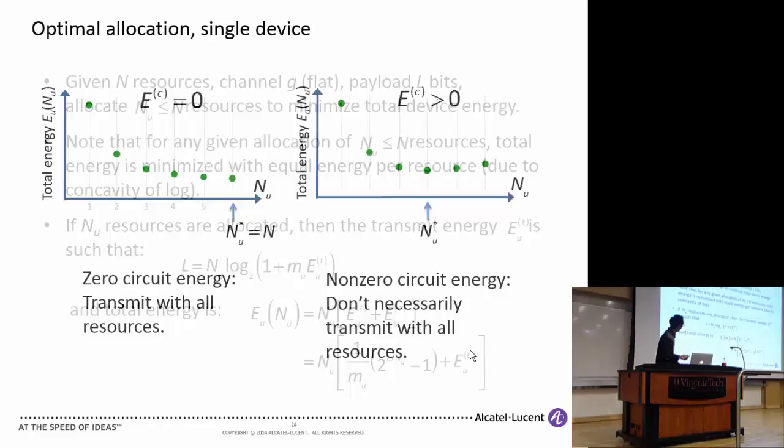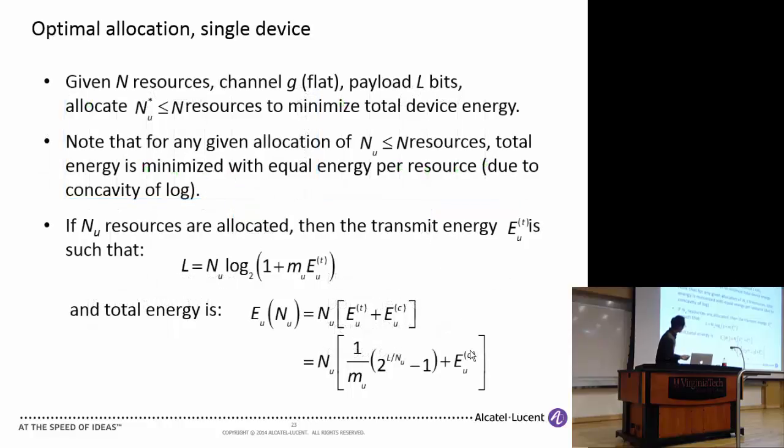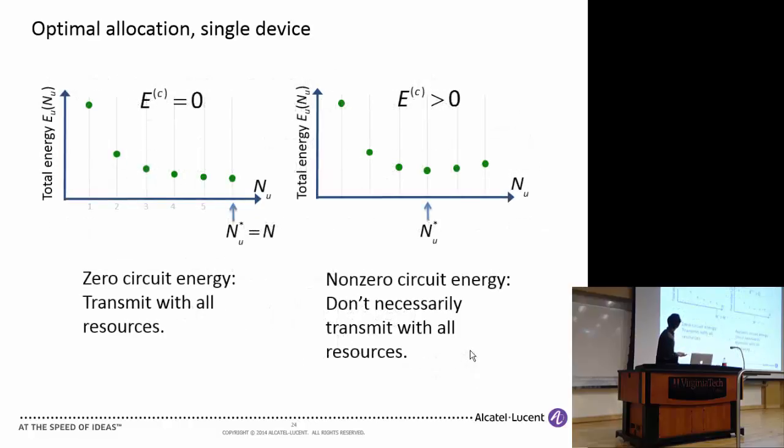And you can see that here. If EC is 0, then as you increase N, there's some linear increase in N, but there's some exponential decrease in the energy per resource. And so overall, the energy decreases as you increase the number of resources.